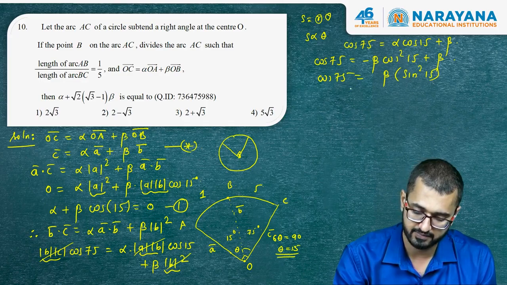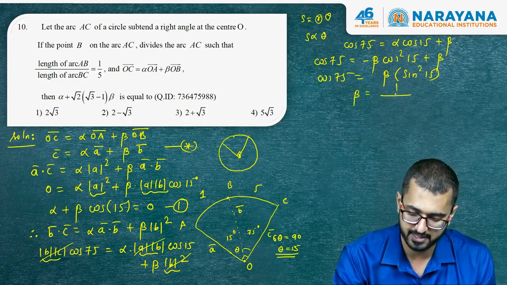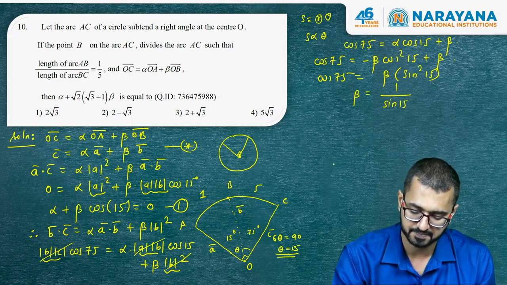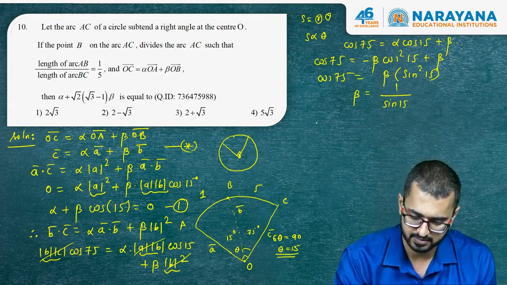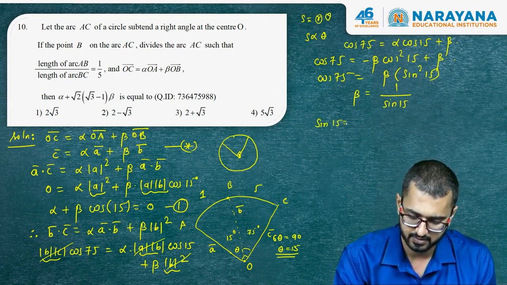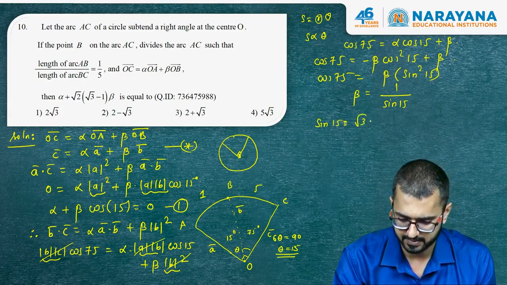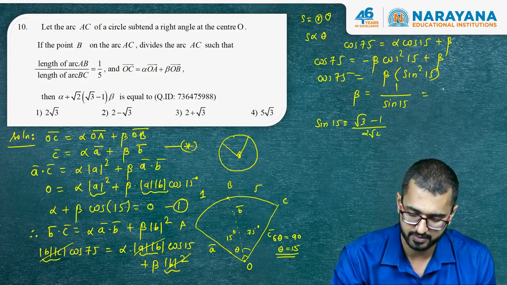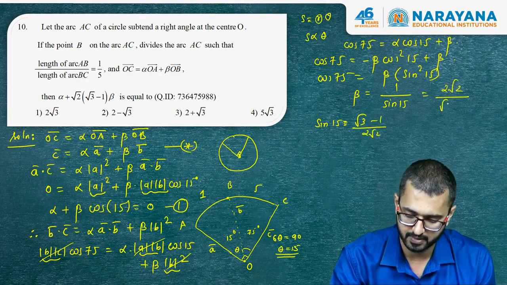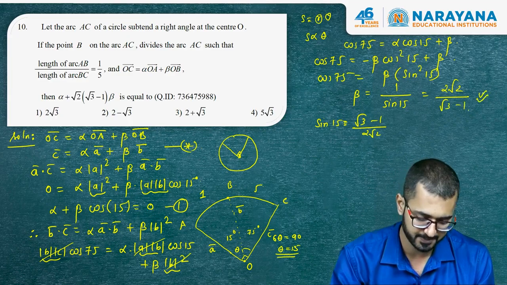So one of the sin will get cancelled, and beta will simply be 1 by sin 15. So we need to know the value of sin 15. sin 15 is basically sin of 45 minus 30, so root 3 minus 1 upon 2 root 2. So beta becomes 2 root 2 over root 3 minus 1.